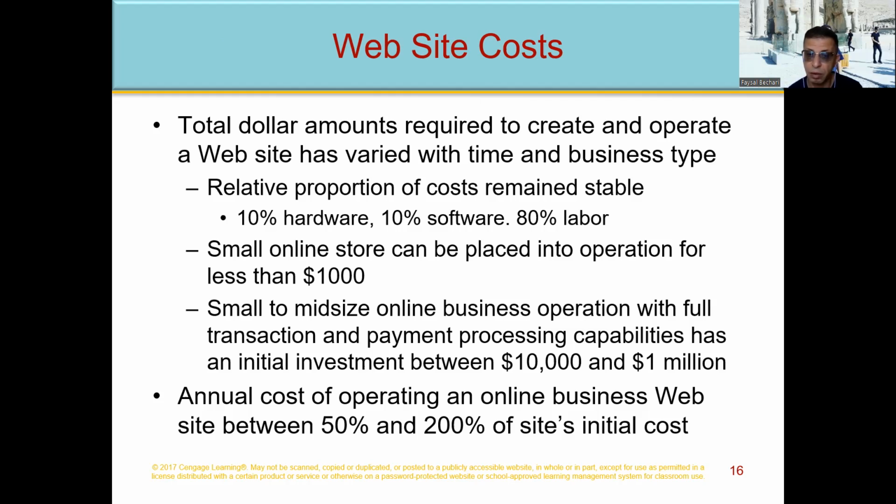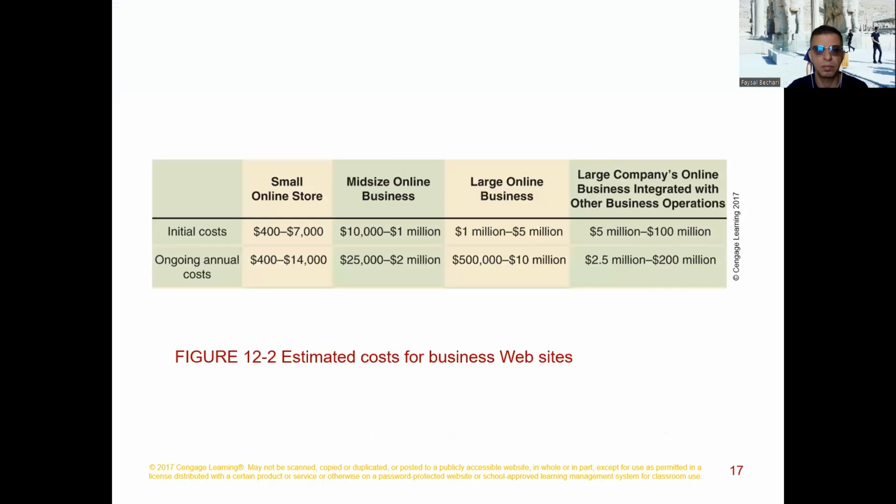Keep in mind, operating an online business website costs between 50 and 200% of the initial cost. So if it costs you 1 million, multiply it by 50 to 200%, so between $500,000 and $2 million yearly cost.